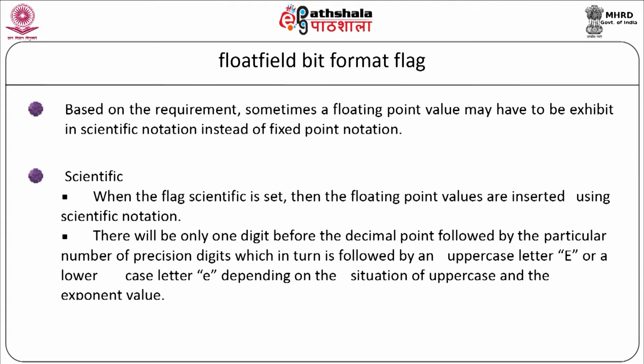There will be only 1 digit before the decimal point followed by the particular number of precision digits. It is then followed by the uppercase letter E or a lowercase letter e depending on the situation of uppercase, and the exponent value. The syntax is cout.setf(ios::scientific, ios::floatfield).